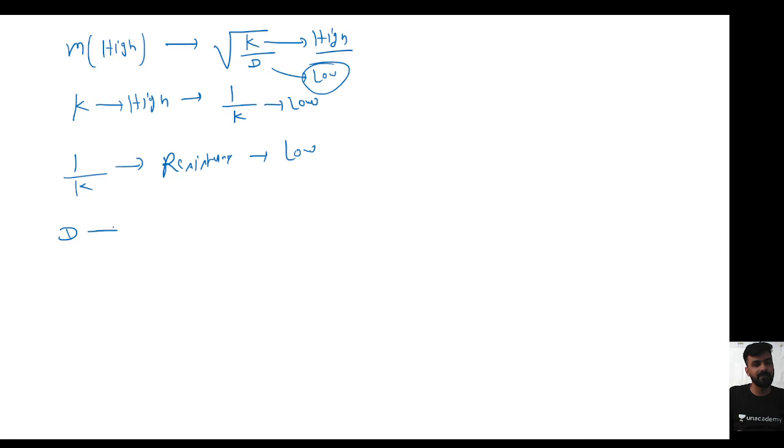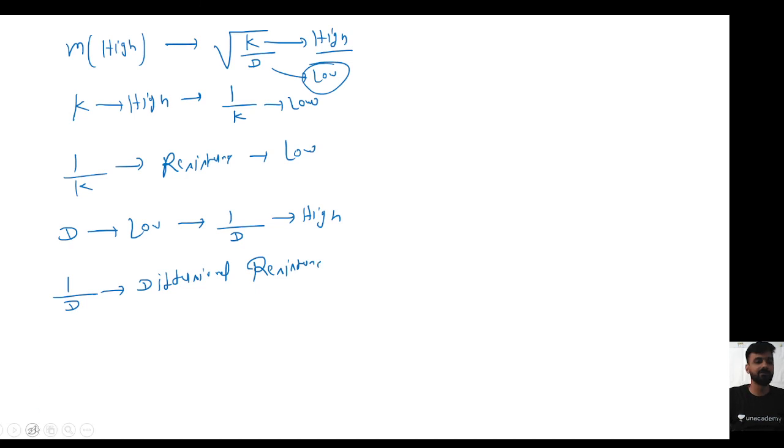Now, if D is low, 1 by D is high. Are you getting? And 1 by D is diffusional resistance, my dear student, and the diffusional resistance will be high.